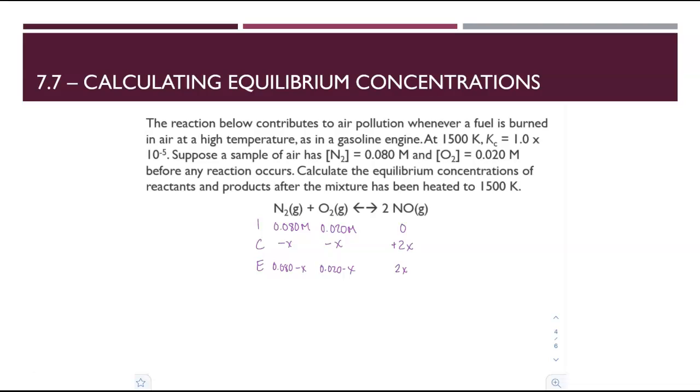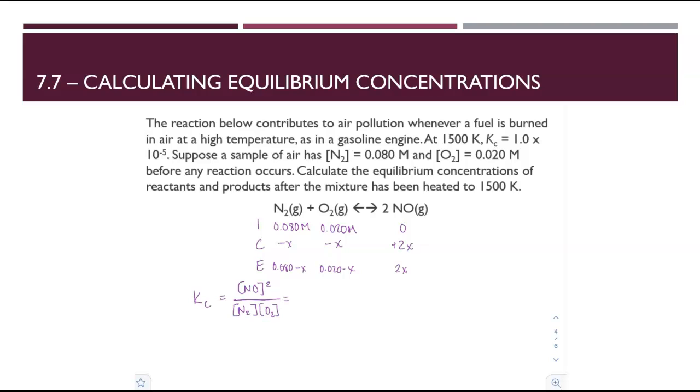Now we don't know the value of X. That's ultimately what we're going to be solving for so that we can find our equilibrium concentrations. So we're going to use our equilibrium constant expression to solve for that. We start by writing our expression. Kc equals the concentration of our product, NO squared, because it has a coefficient of 2, divided by the concentration of our reactants, N2 times O2, because they both have coefficients of 1.